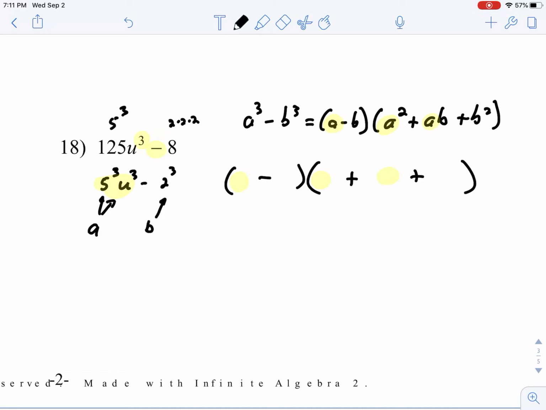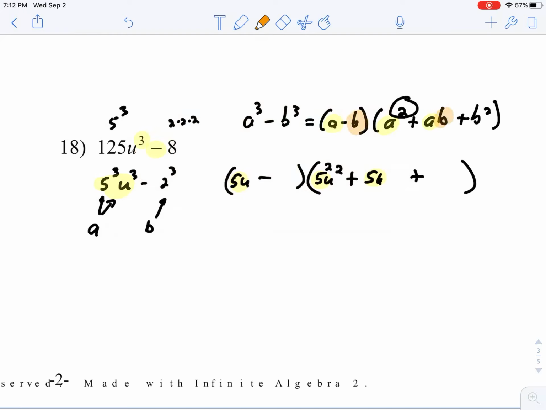Okay, so in those yellow spaces, I'm going to put 5u, 5u, 5u, 5u. But this first one is squared, so that means I've got to square both of those, the 5 and the u. And it looks like I didn't give myself much room, so I'm going to slide that over. All right, change colors.